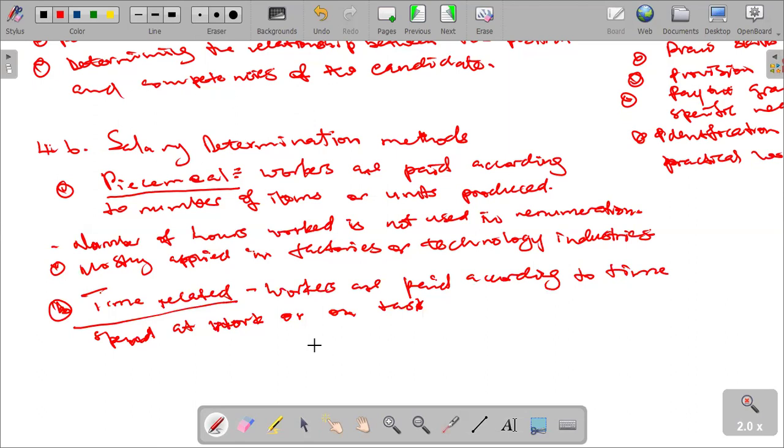In this respect, class, you need to understand as well that workers with the same experience or qualifications are paid on salary scales regardless of the amount of work done.